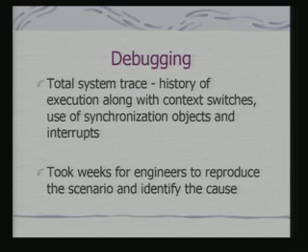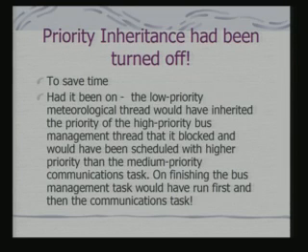Now, what was found out was that priority inheritance had been turned off. Priority inheritance means again a kind of scheduling overhead, so in order to save time, it had been turned off.